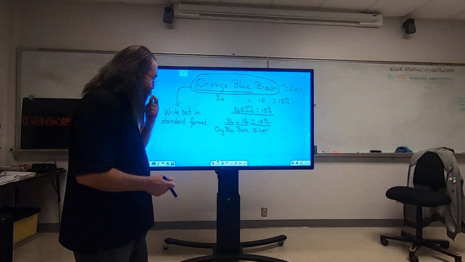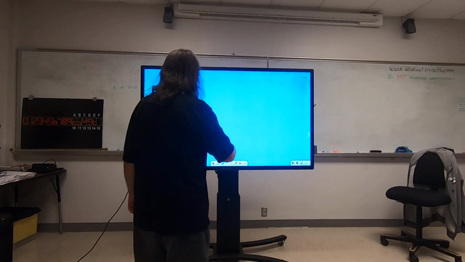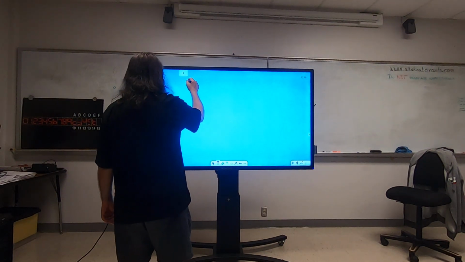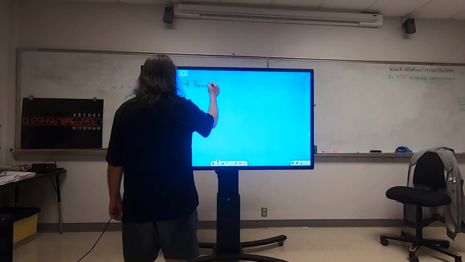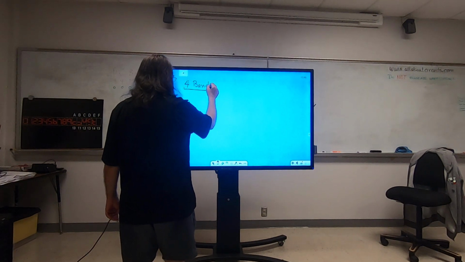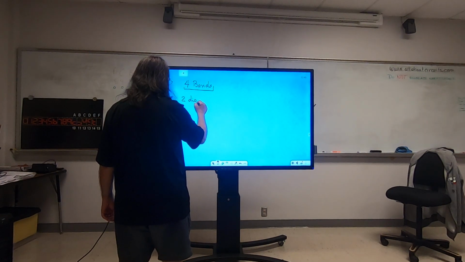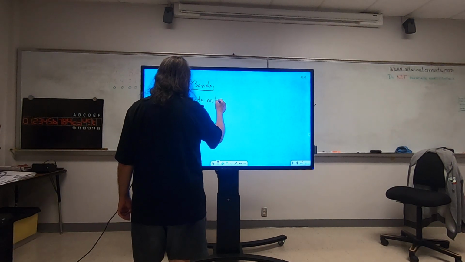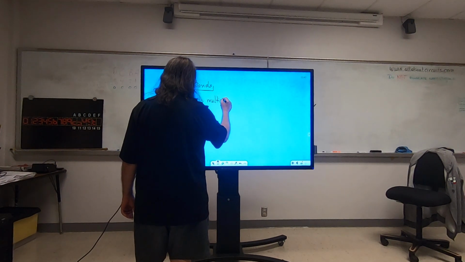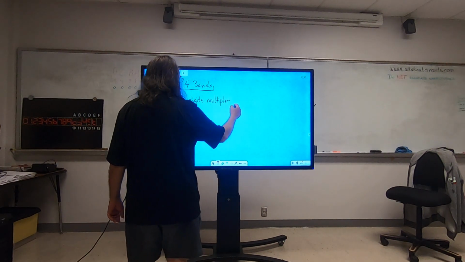Always write it out in standard format and then break it up. Remember also, for 4-band color codes, you have 2 digits, multiplier, and then tolerance.